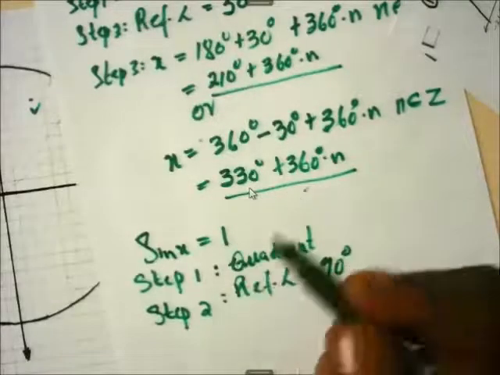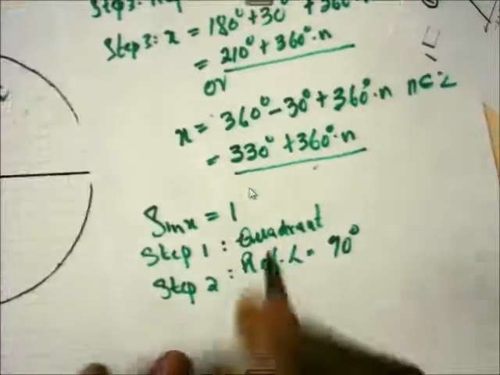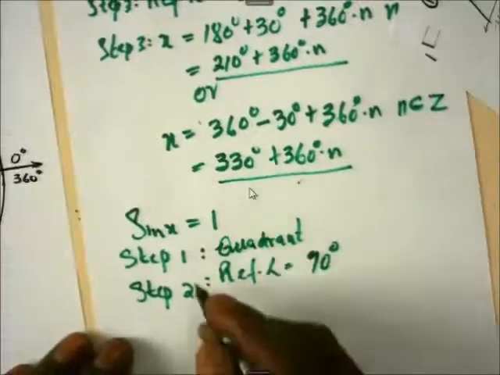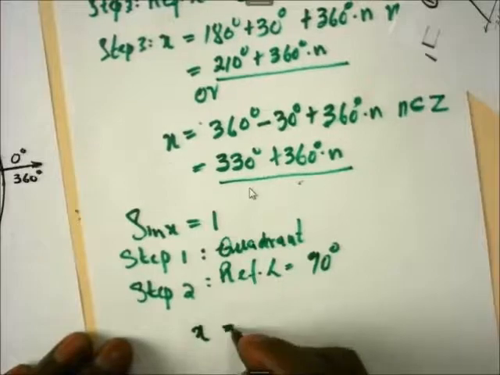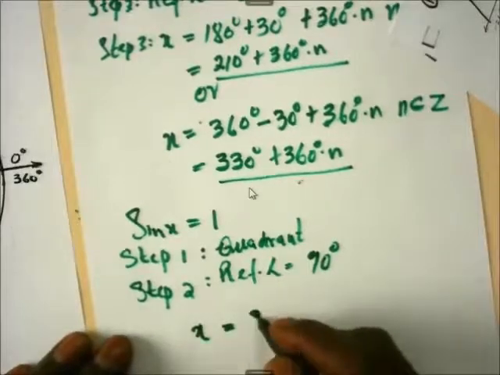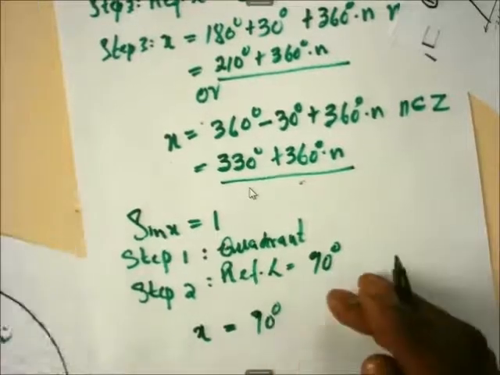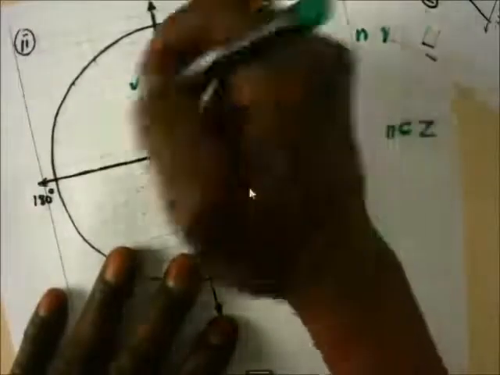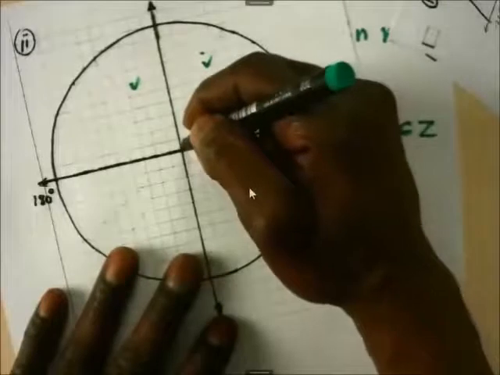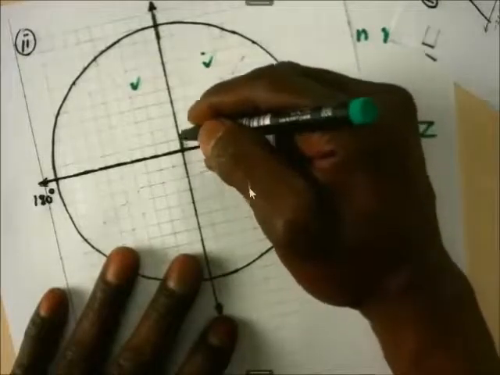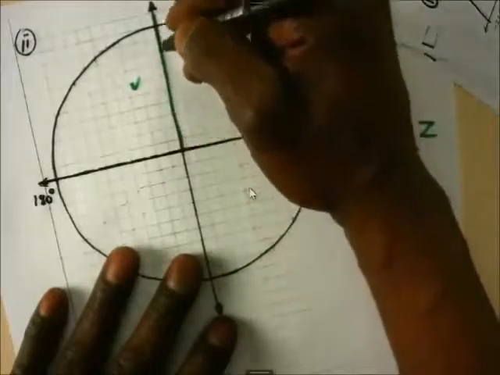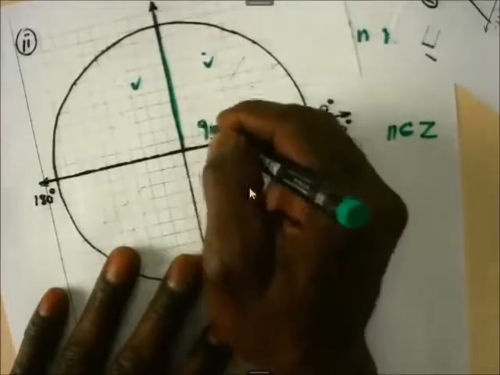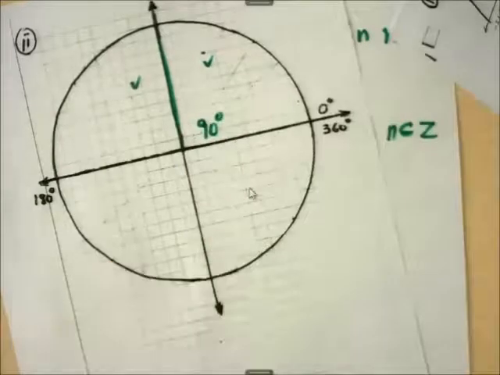We'll be able to generate all the solutions for that problem. So the solution for this problem will be x is equal to 90 degrees. So let's demonstrate that. We are in the first and the second quadrant, but now the reference angle is here, from here to there, which is 90 degrees.